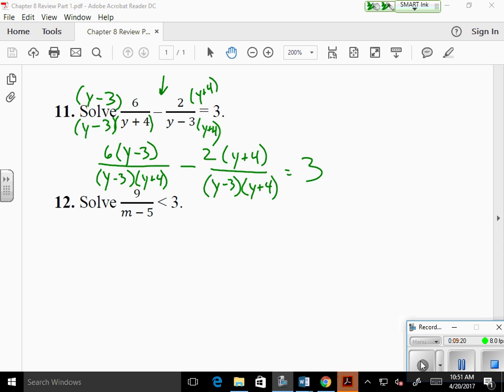So we can now put the two fractions together, and I'm going to distribute at the same time, so I get 6y minus 18, and I'm going to distribute a negative, 2y minus 2y minus 8 over the y minus 3 times the y plus 4, and that's still equal to 3.